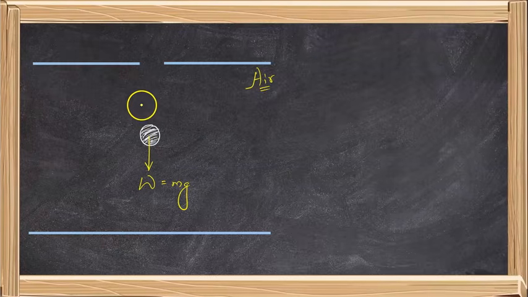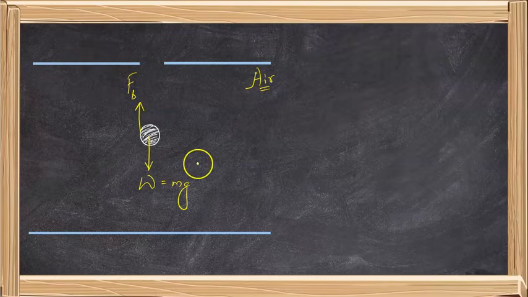Whenever something falls through a fluid, it always experiences a force opposing its motion known as buoyant force. Remember Archimedes' principle. Various objects are quite lighter in water or other liquids also. So the same thing is happening here, and it is going to have a buoyant force in the upward direction.